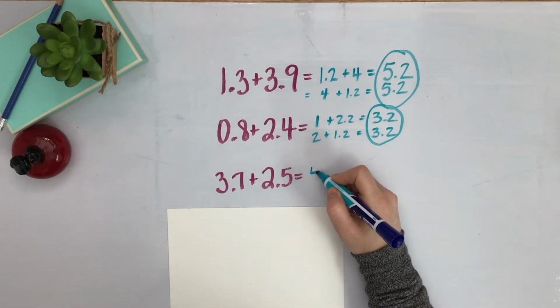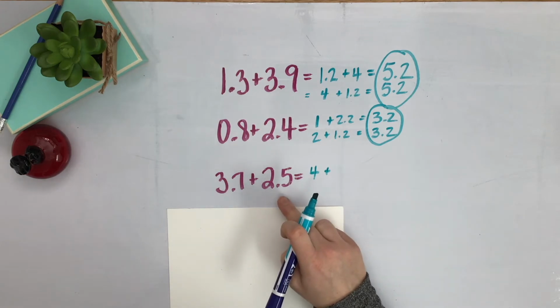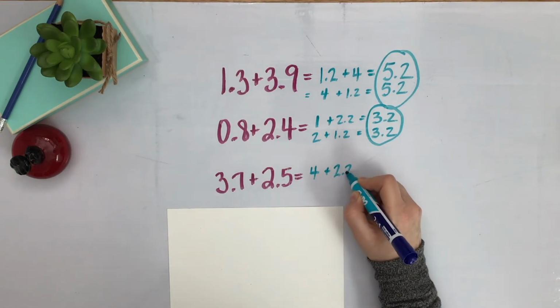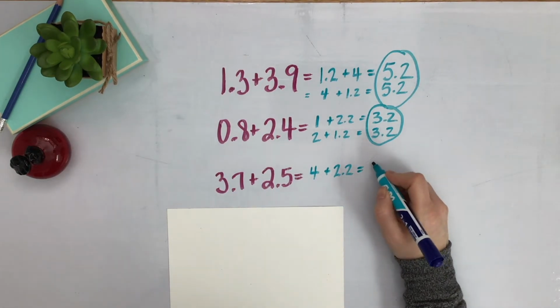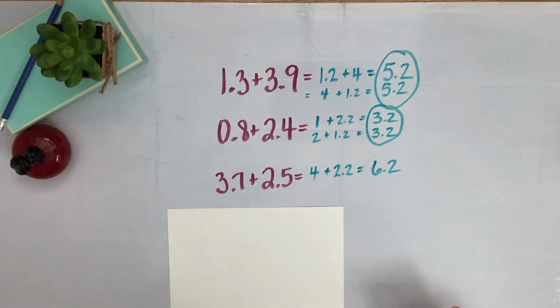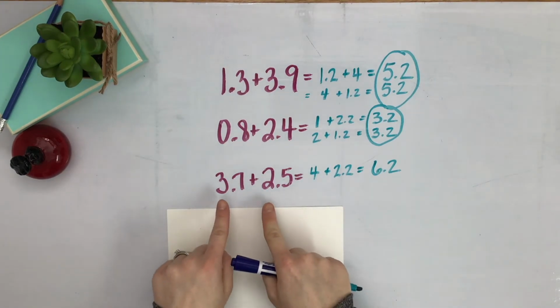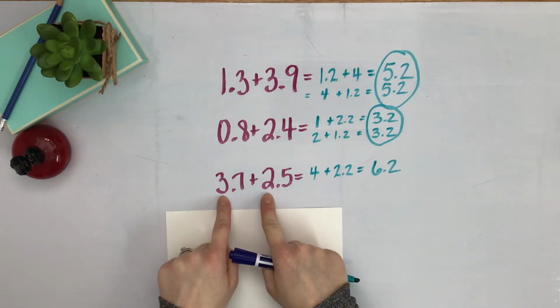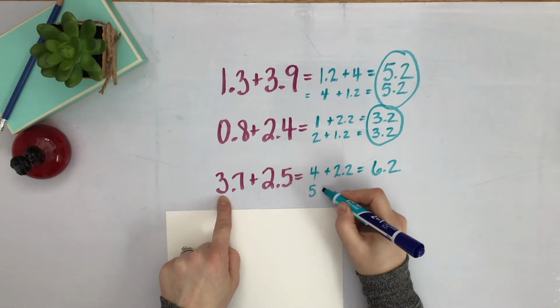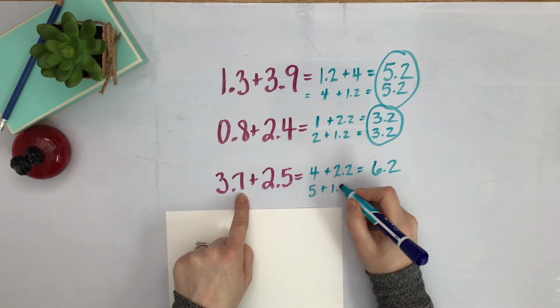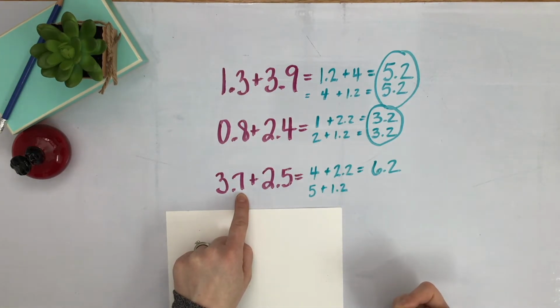So by making that a 4, I am taking 3/10 off of this one. So that becomes a 2 and 2/10, 6 and 2/10. If you wanted to do a partial sum method, I've got 5 ones, and I've got 12 tenths. 12 tenths looks like 1 and 2 tenths.